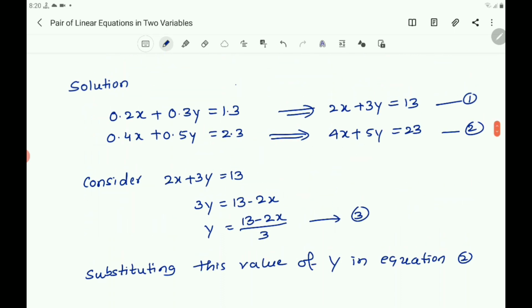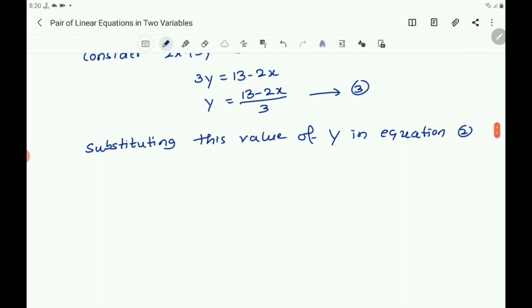What is that second equation? Take this one, 4x plus 5y equals 23. Here you got the value of y in terms of x. Therefore you write 4x as it is, plus 5 into the value of y, (13 minus 2x) divided by 3, equals 23.